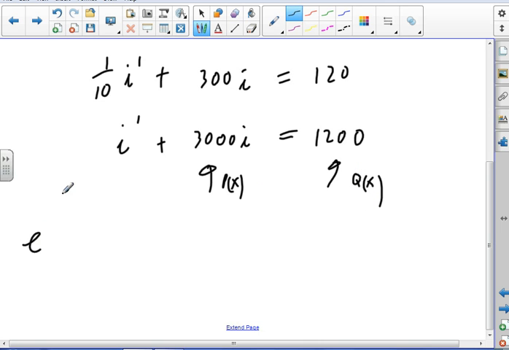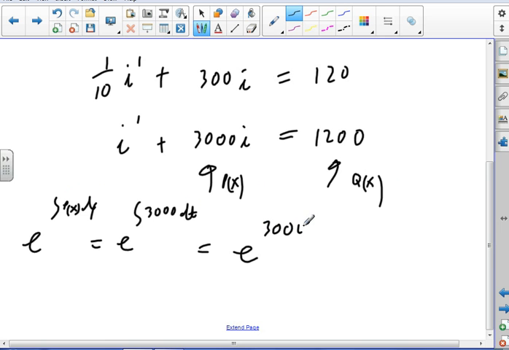I want e to the integral P(x) dx. E to the integral 3,000. I'm changing my variable to t. E to the 3,000 t.